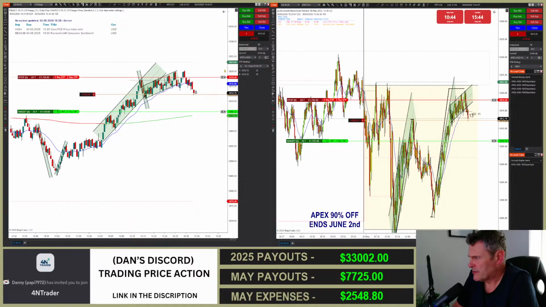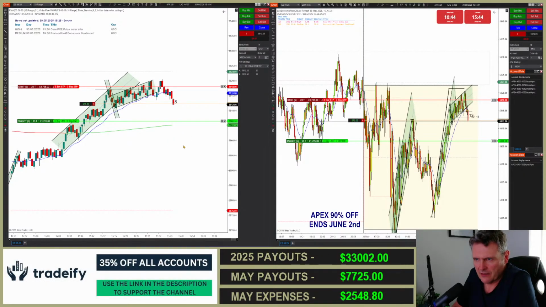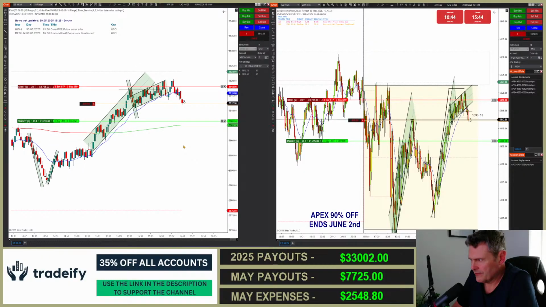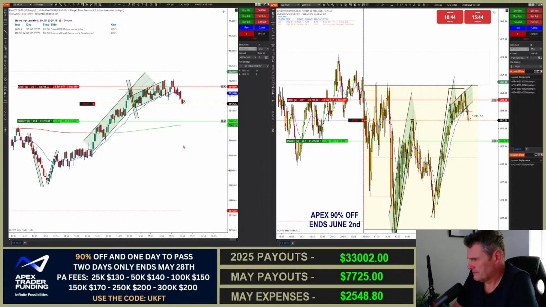It does bore me trading these. I've got to say, I trade them really aggressively and stupidly. See if we get a strong move down. We may do.